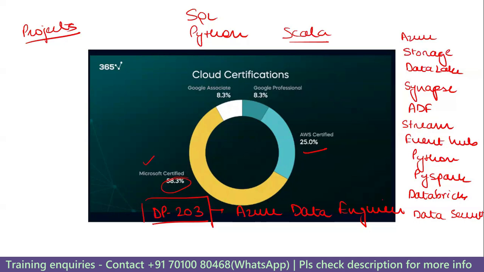Somebody would want a Databricks developer, right? Somebody will say, I want somebody who knows ADF. Some openings will have Synapse as a required field. But mostly cloud data engineer or Azure data engineer or data engineer. Those are the profiles that you can go for.